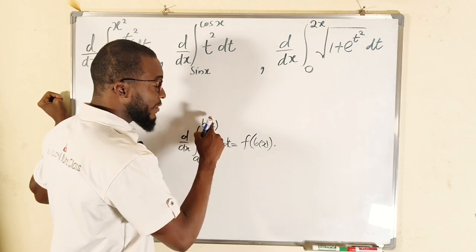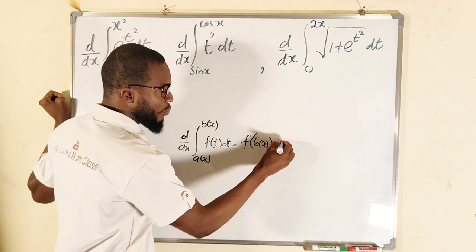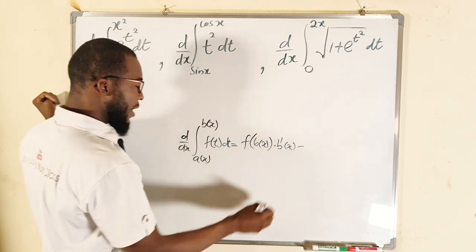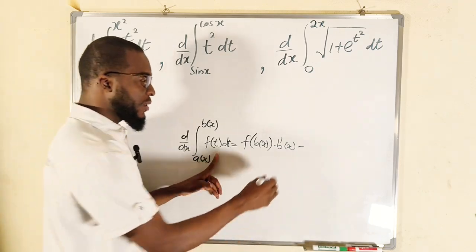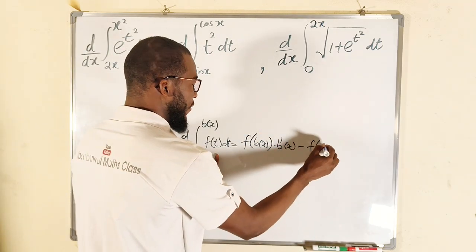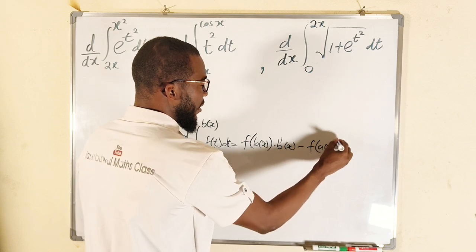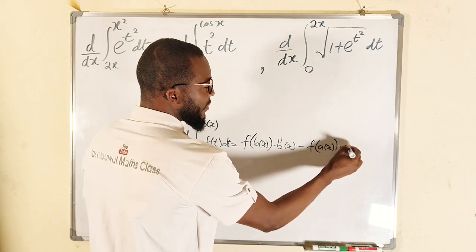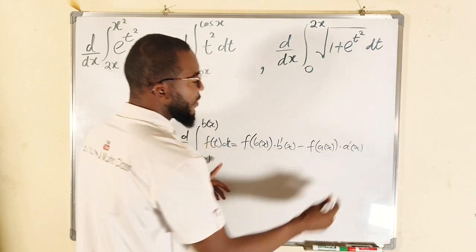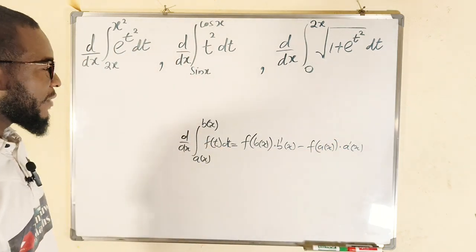Then you multiply by its derivative, that is b prime of x. Subtract. Substitute the lower limit, that is f of a of x. Multiply by its derivative, that is a prime of x. Simplify and get your final answer.